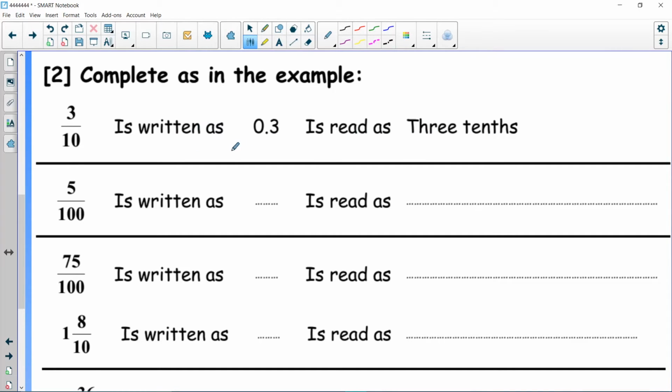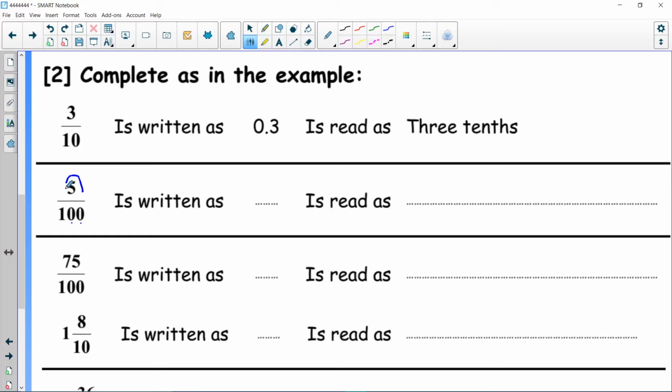Can we complete? Let's start. 5 over 100 is written as, our hidden decimal point is here, and this hidden decimal point will jump according to the number of zeros. Here 1, 2. Then this hidden decimal point will jump just 2 times.